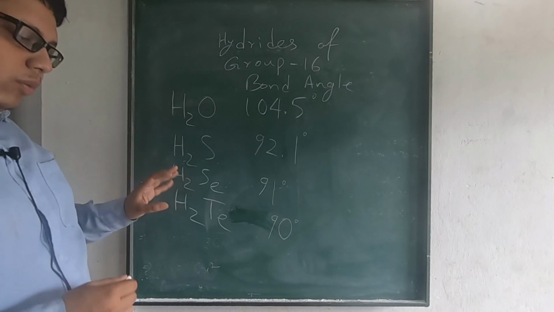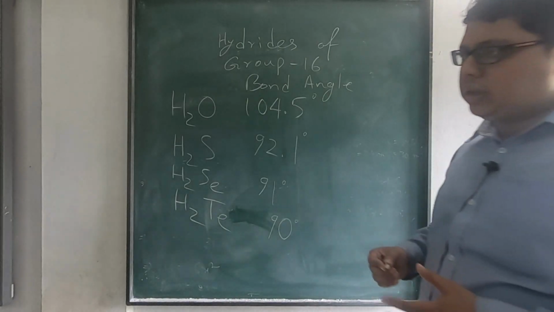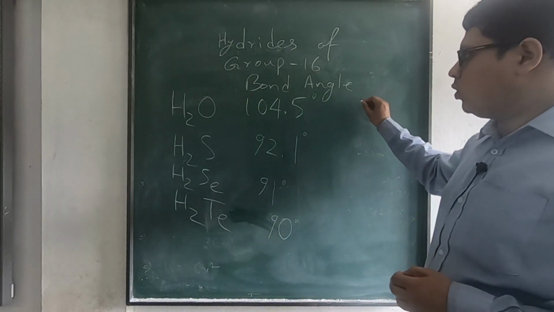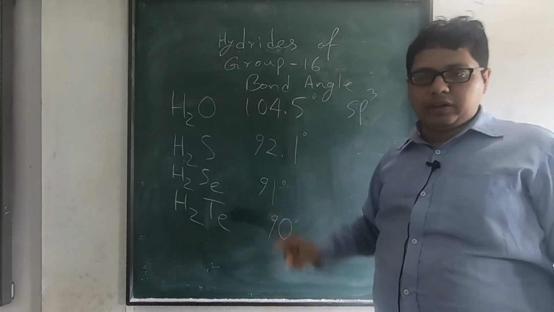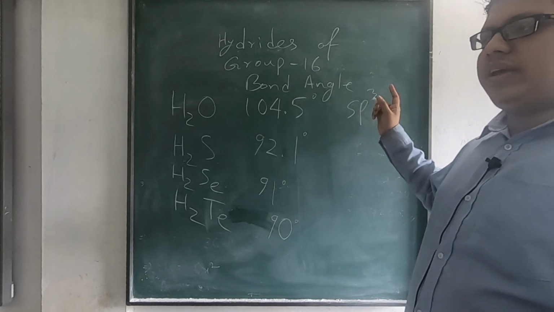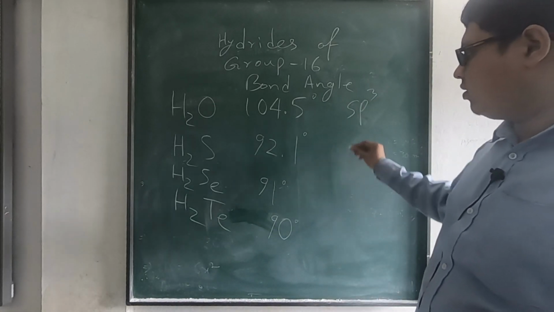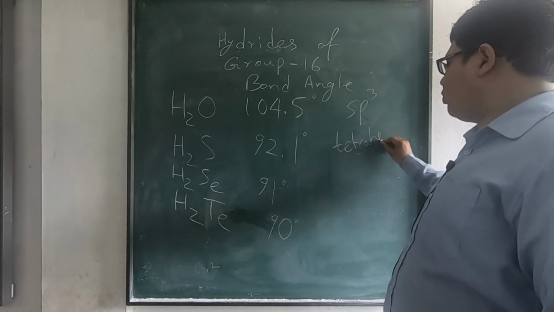But as we were discussing a bit earlier, since the central atom is sp3 hybridized, we saw it for H2O and it is true for all of them, the central atom is sp3 hybridized, which means tetrahedral geometry.